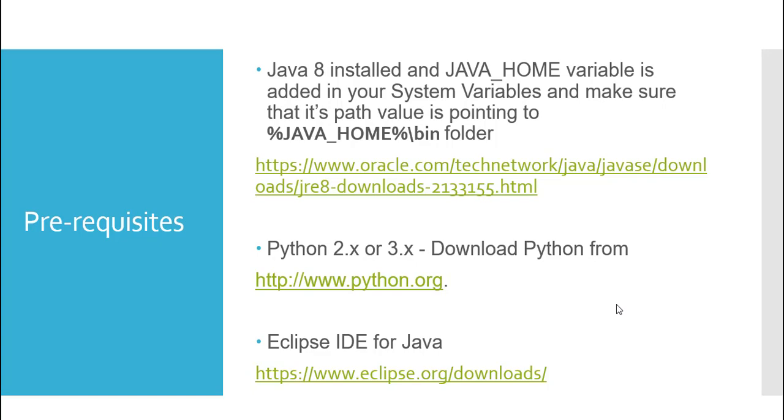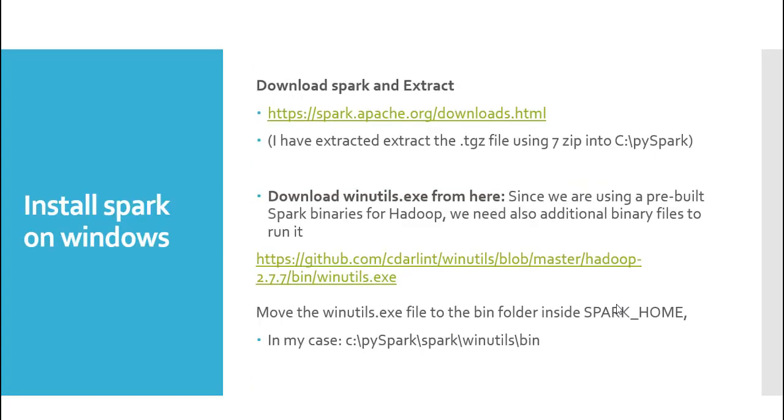Once all prerequisites are installed, the next step is about installing Spark on Windows. Spark can be downloaded from spark.apache.org site and you can download the compressed version of the Spark. On your local machine you need to extract that using some tool like 7-zip into a folder.